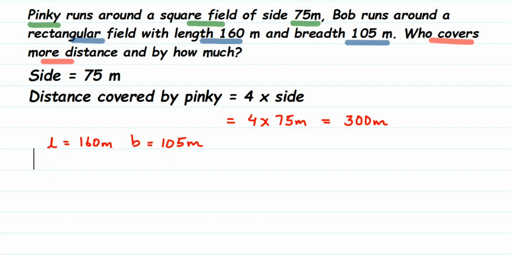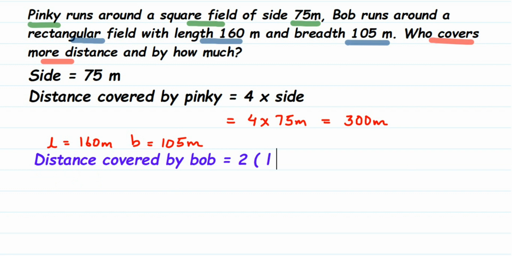So distance covered by Bob will be equal to, we are using the perimeter of a rectangle here, so the formula is 2 into L plus B.